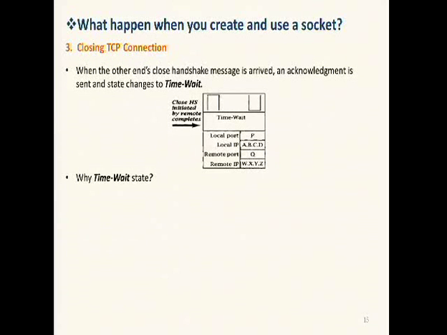Just imagine if this information is money or something very, very sensitive. Then the other guy just happens to listen at the port number that's been used by the other socket. That's why we need to time wait. That's the first reason: messages being delayed in the network.